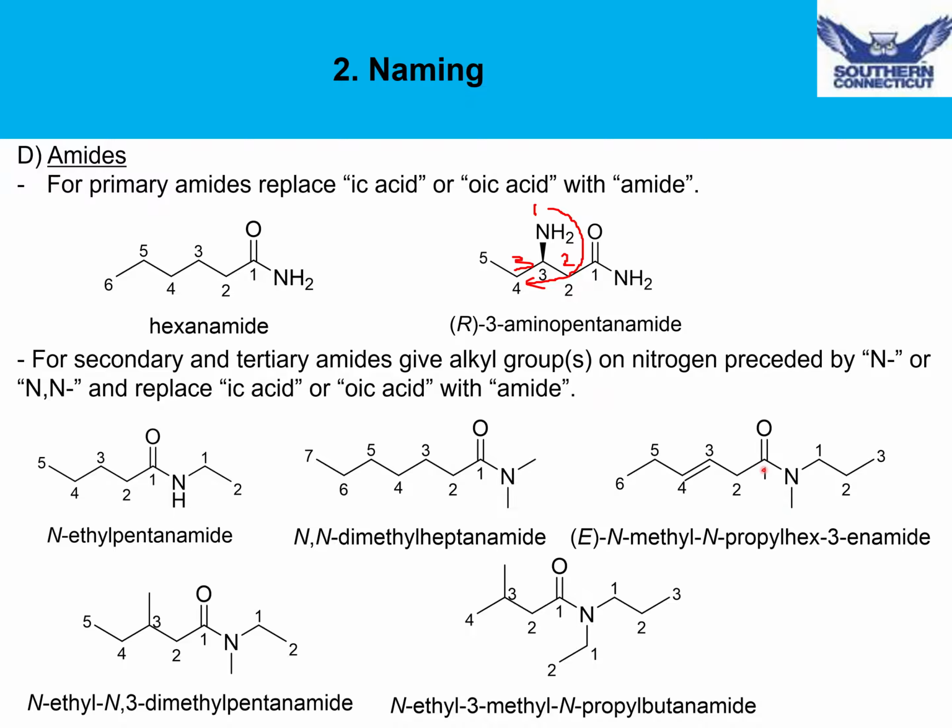The parent name is derived from having 6 carbons, a double bond on carbon 3, and of course the amide. So this parent name would be hex to indicate there are 6 carbons, 3-ene to indicate there's a double bond on carbon 3, and then finally amide. Note that we don't need to say where the amide is located since it's assumed to be on carbon 1.